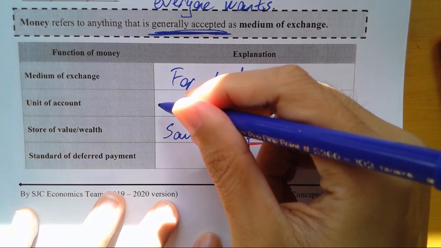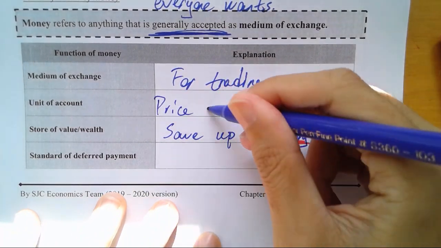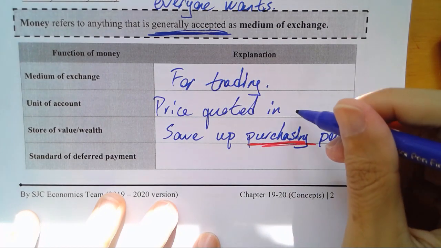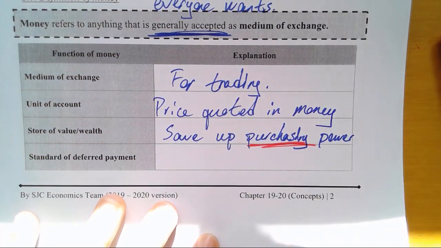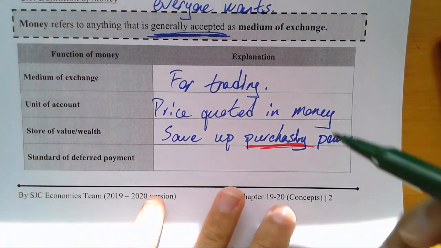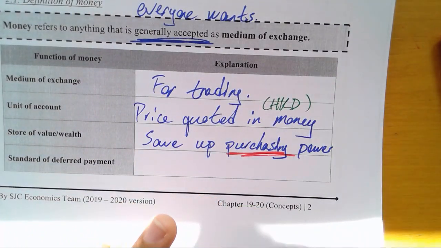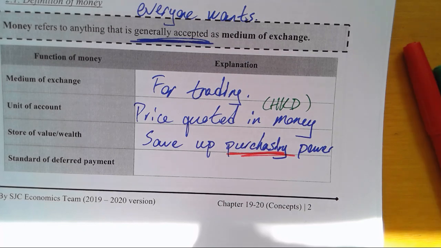It means that prices are quoted in money. Now, for example, in Hong Kong, the prices are quoted in Hong Kong dollar. Now, therefore, Hong Kong dollar is the money in Hong Kong because all prices are quoted in Hong Kong dollar.